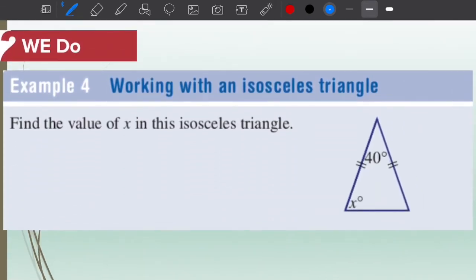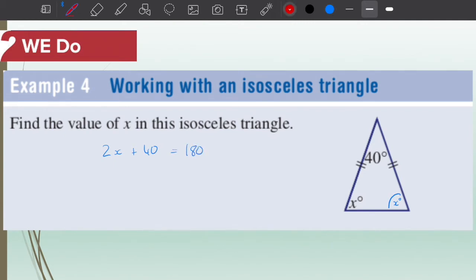All right, remember this is something where I said we would need to know the properties of an isosceles triangle. We need to know two angles from a triangle to determine the third, but we do actually know what this angle is. It's the same as x. So we can use that because we know that 2x plus 40 has to equal 180.